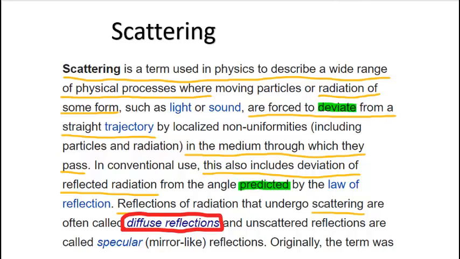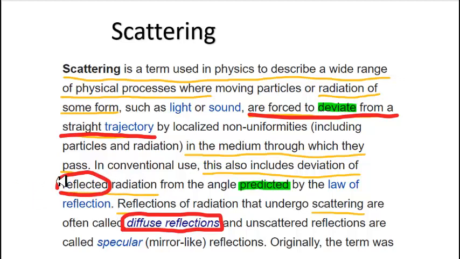So straight trajectory is one way. Scattering can be a deviation from a straight trajectory or reflected. And so for the Ferrocell, we're only really concerned with the reflected trajectories.